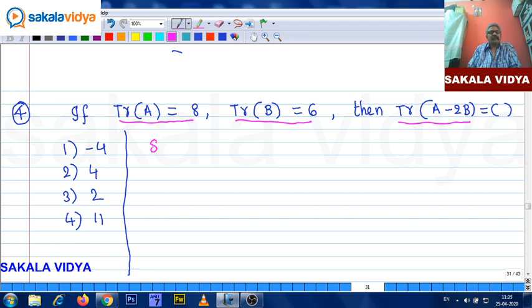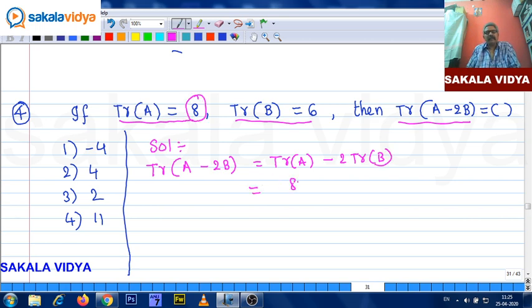So now the solution: trace of A minus 2, the scalar, times trace of B. So trace of A is given as 8 minus 2 times trace of B, 2 times 6. So this will be 8 minus 12, which is minus 4. That means the first option is the right option.